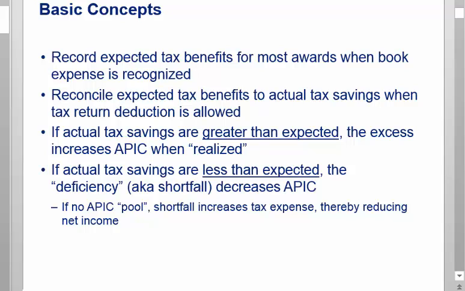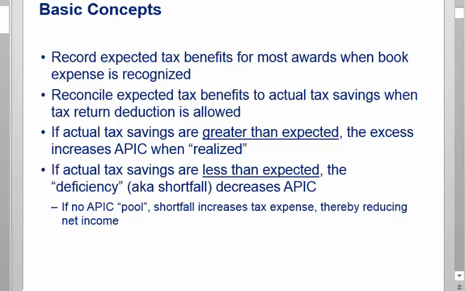So the second thing you got to do is you got to reconcile, well, what did I expect, which was 100 in my example, and then what really happened, which was 110. So now I got to identify, okay, there's a difference, and there will almost always be a difference. So you take that difference, and with the third or fourth bullet point, you figure out what to do with it.